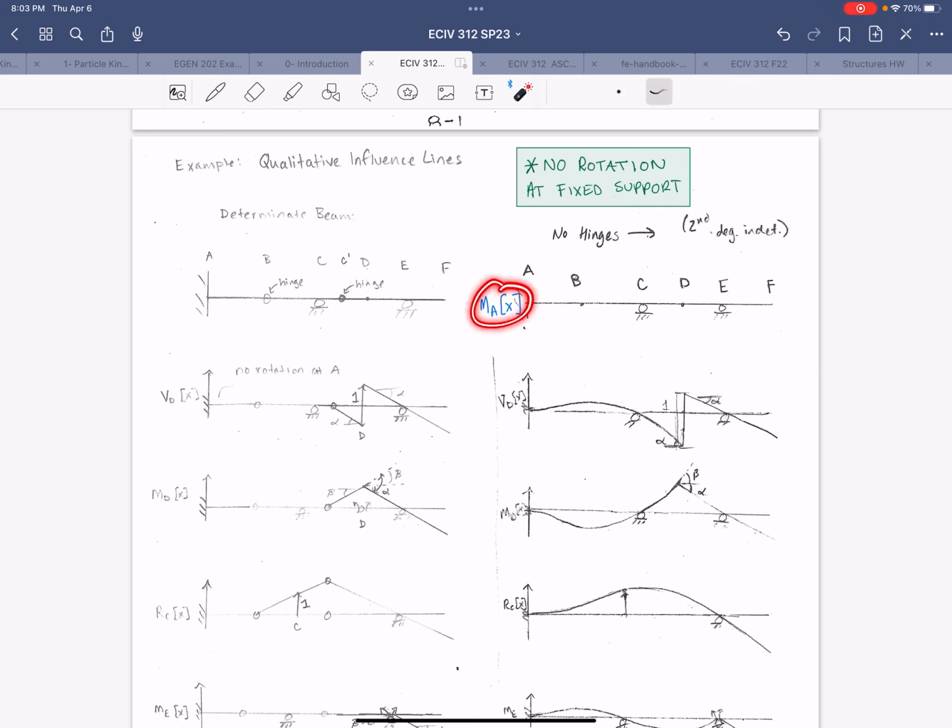Whenever you have a support or two supports in a row, or the fixed support followed by a hinge, even though this hinge can rotate, this piece cannot. So the fixed support has to have zero rotation. That's highlighted here: no rotation at A. You have to have that horizontal slope at A. So you have to think about what that means for the rest of your beam.